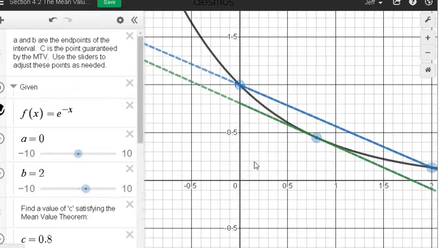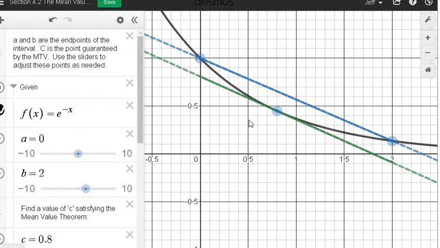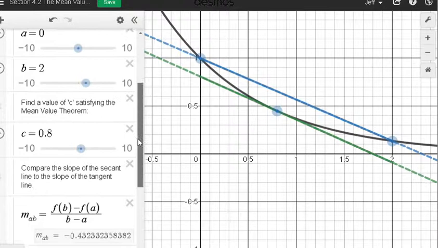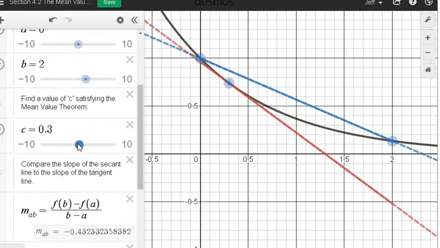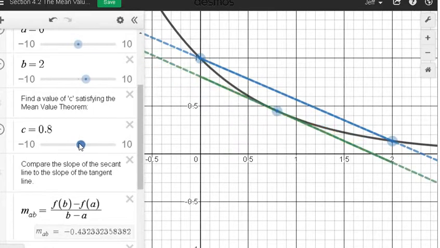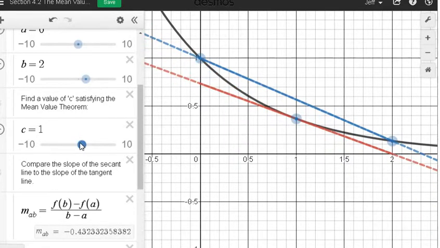And then I've drawn the secant line here. So I want to manipulate the point where I find the tangent line so that these two things have the same slope. And you can manipulate that with C. You want to find C so that it's pretty close to perfect. And you get pretty close, but it's hard to get exact.